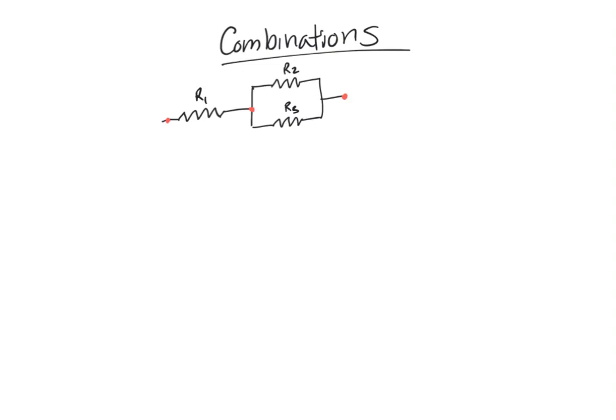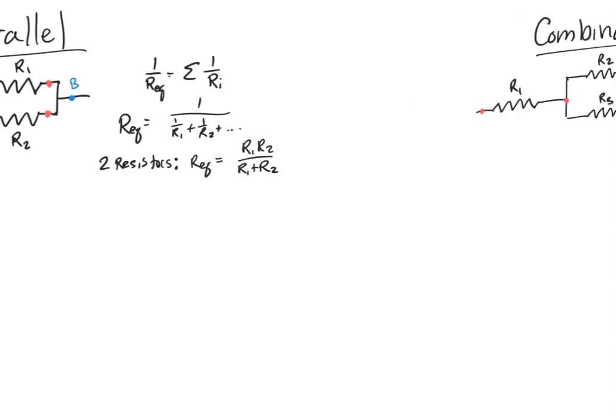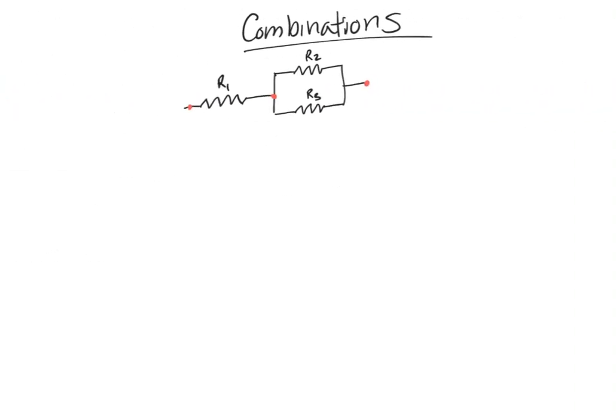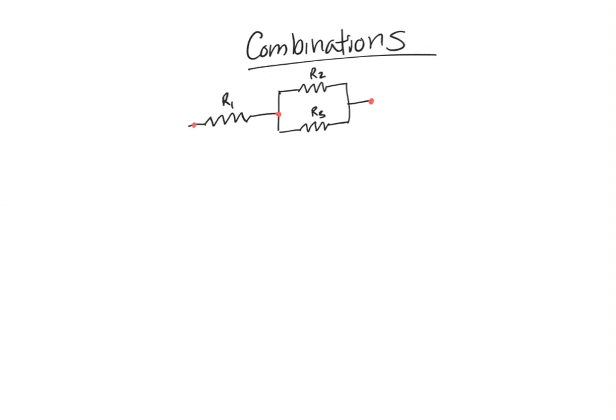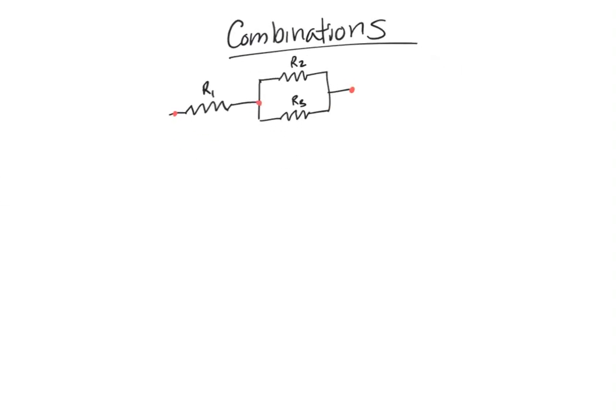Using the same analysis that we just used over here, we can clearly see that R2 and R3 are in parallel with each other. R1 is not in parallel with R2 or R3. R1 is also not in series with R2 or R3 because the current that flows through R1 can split between R2 and R3. There's not one unique path for it to travel. So this is a little bit more complicated.